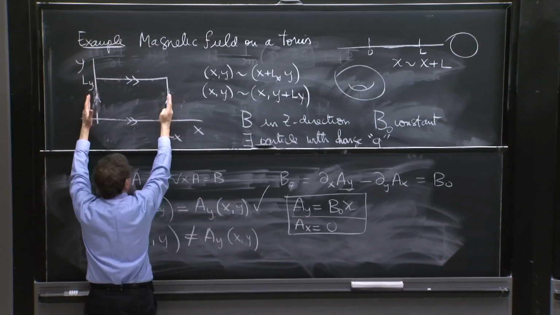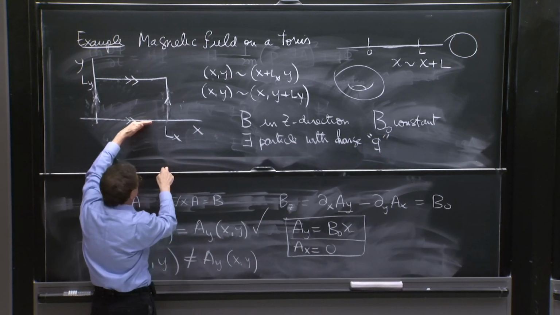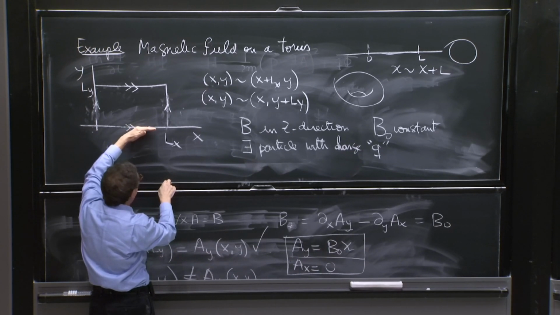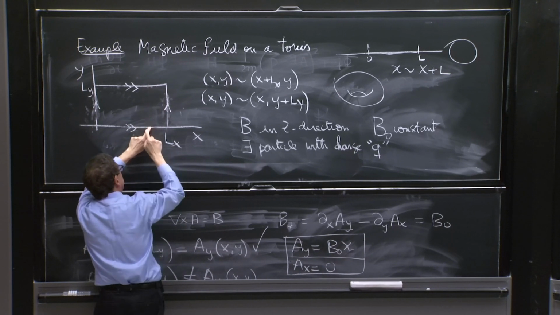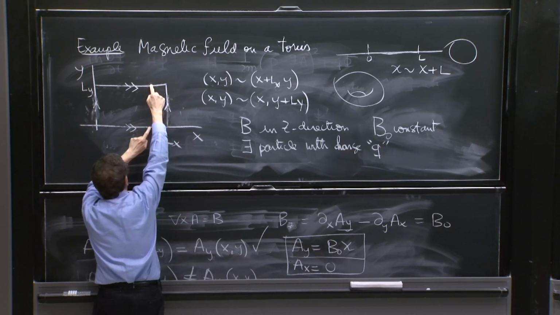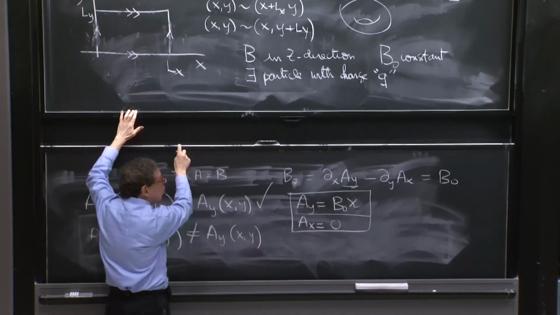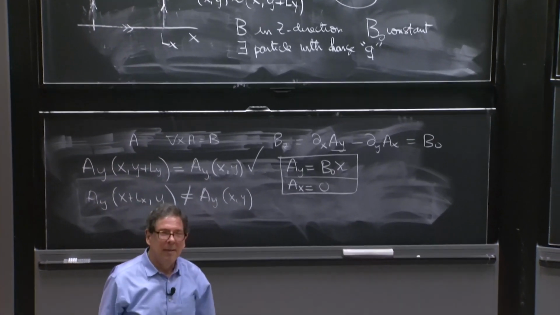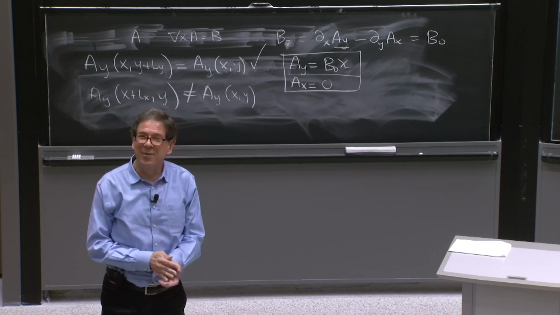When we try to fix it with x, we find the gauge parameter, but it does have problems with y. It's not the same at this point and at this point, because at those points, y differs by L_y, and the gauge parameter, again, doesn't quite seem to live on the torus.